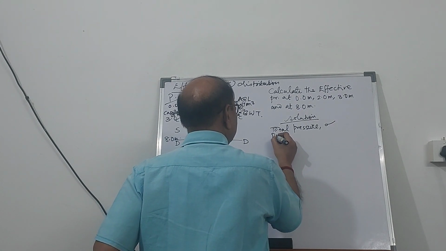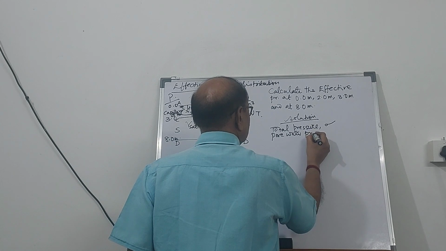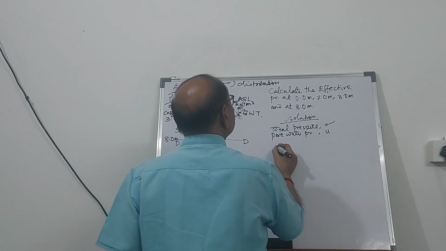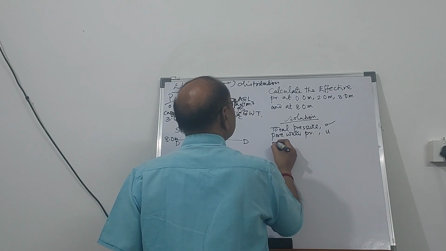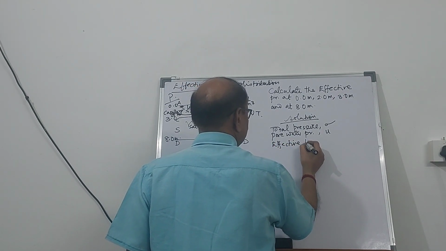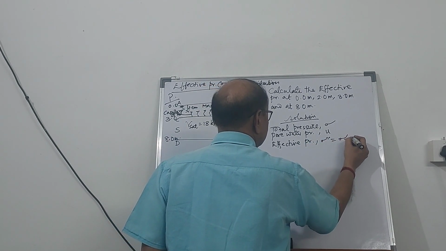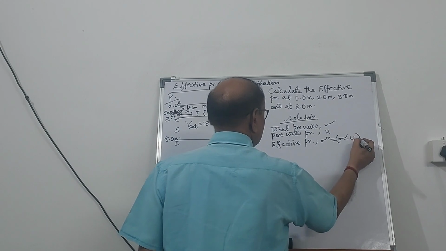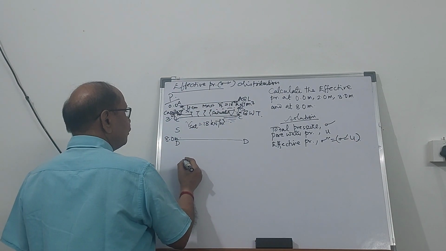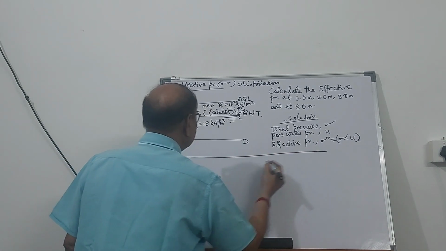Then you need to calculate the pore water pressure, which is called U, and the difference of the two is the effective pressure. So the effective pressure sigma prime equals sigma minus U. In tabular form, it would be easy to calculate.